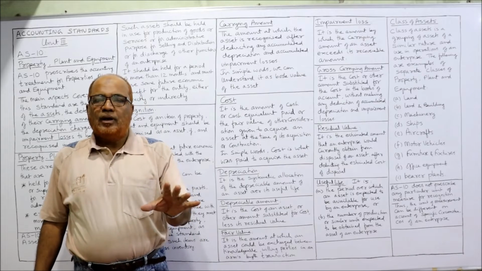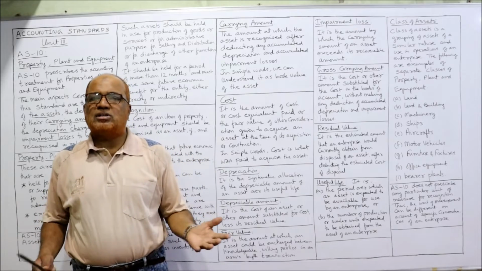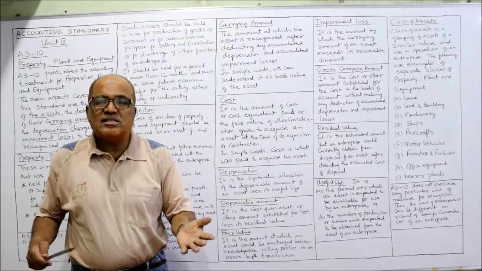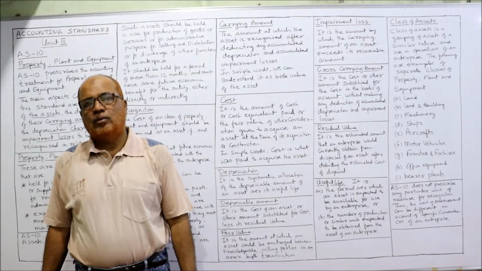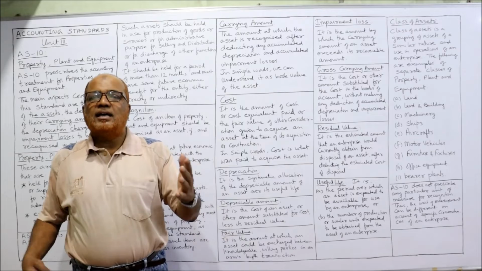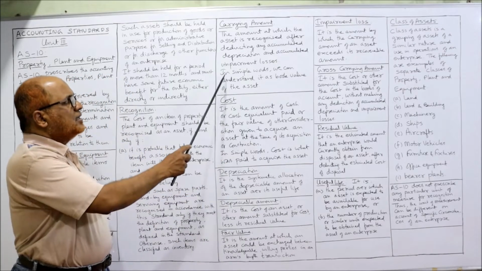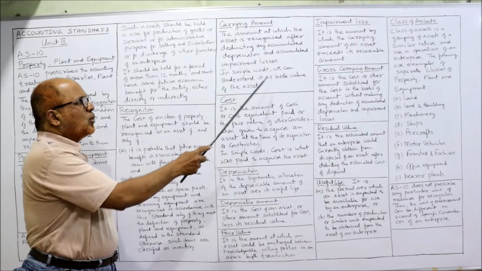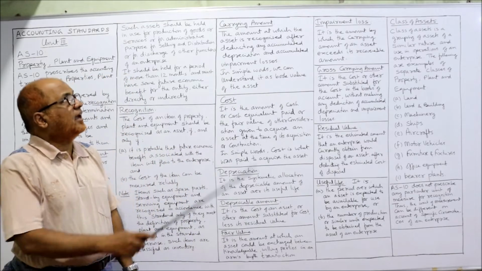Accumulated depreciation will be there, but impairment losses, sometimes there, sometimes not. If it is there, deduct impairment losses, then we get the carrying value. In simple words, carrying amount is nothing but the book value of the asset. So this is the meaning of carrying amount.